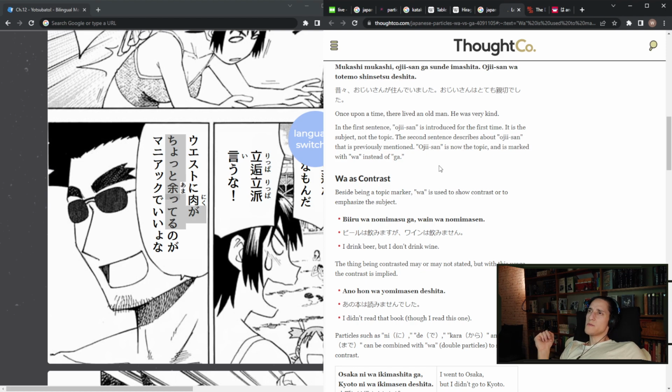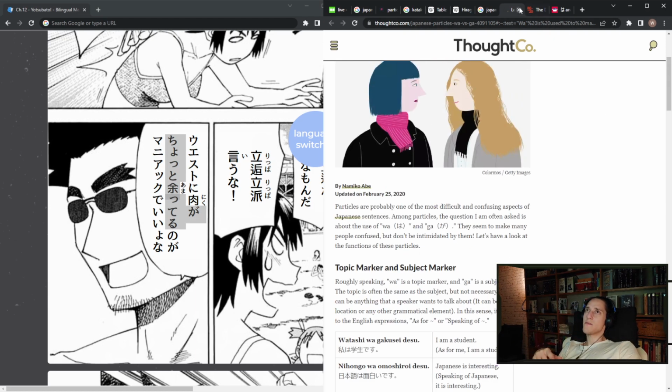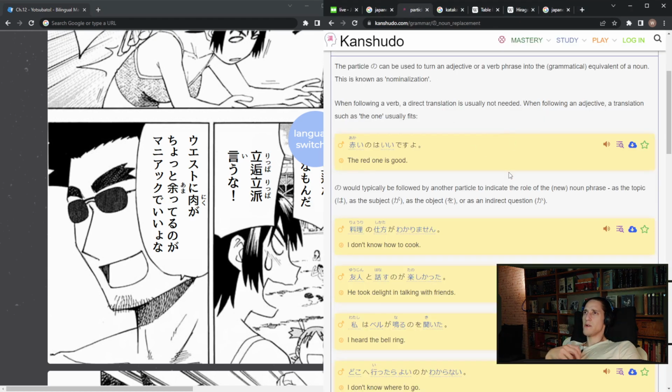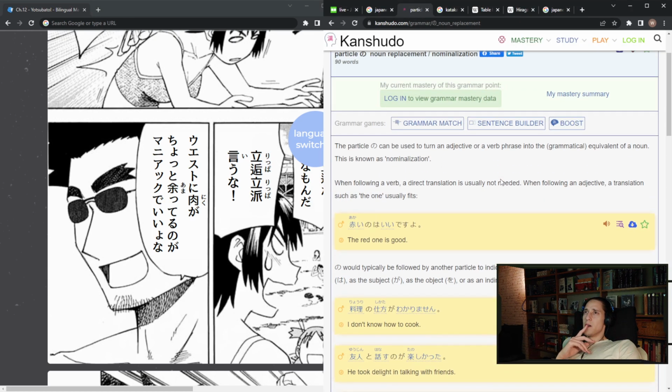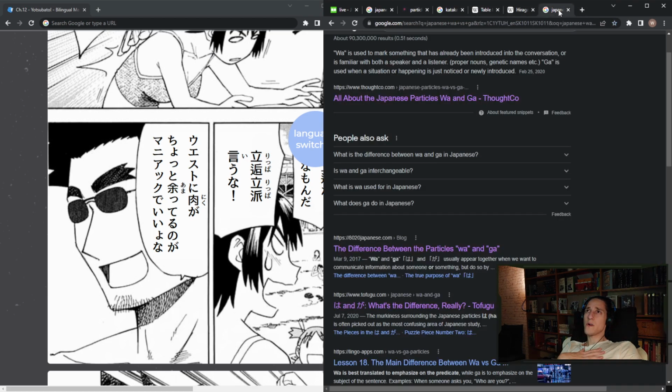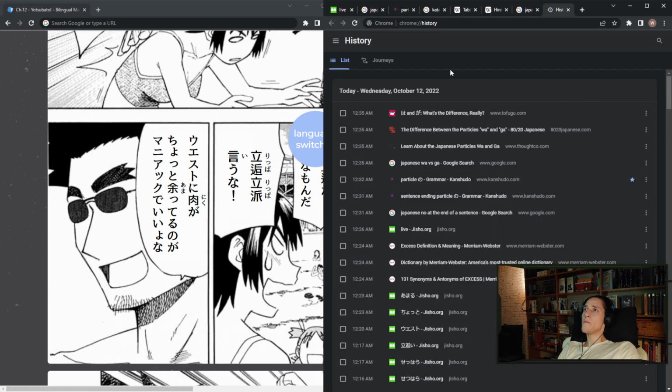Wa as contrast: besides being a topic marker, wa is used to show contrast or to emphasize the subject. Yeah, okay, whatever. So let's leave this behind. So basically what I learned is that yes, so but okay, I want to bookmark this article, and I want to also bookmark, wait, the Tofugu article.